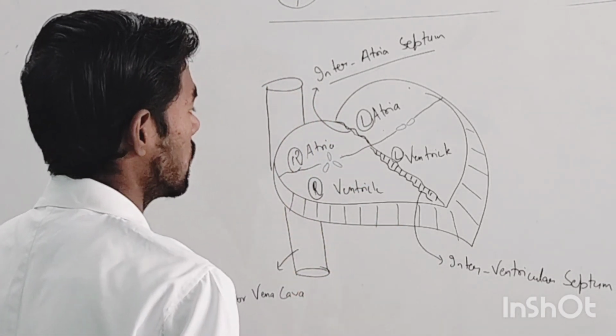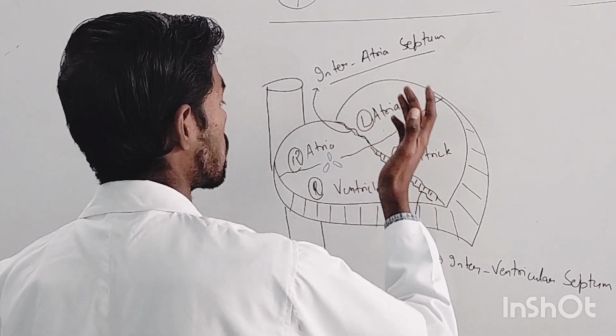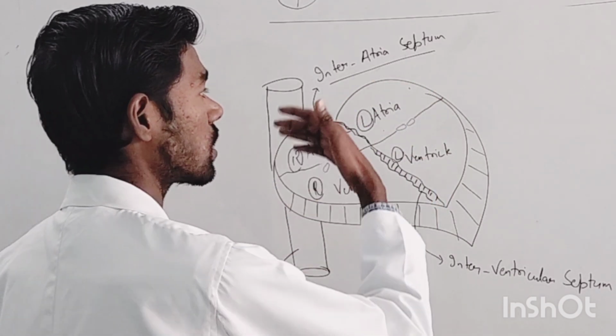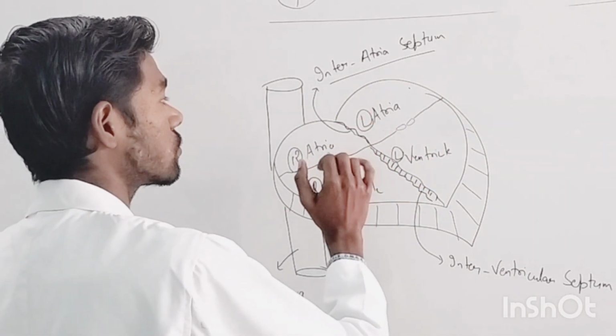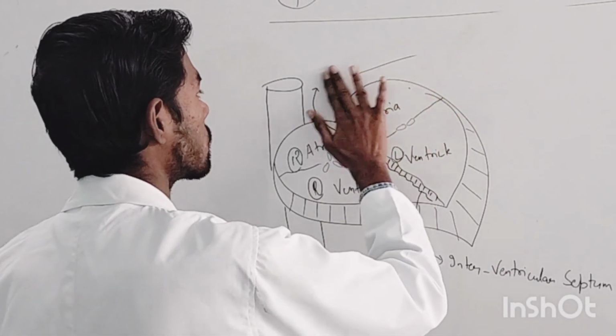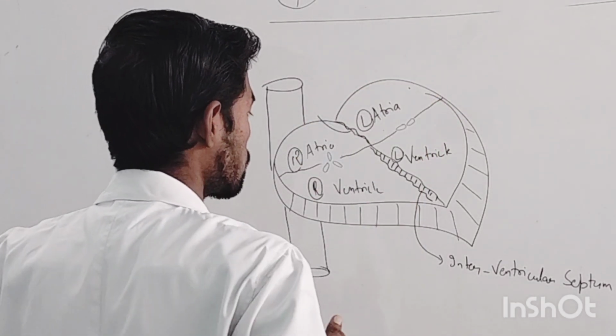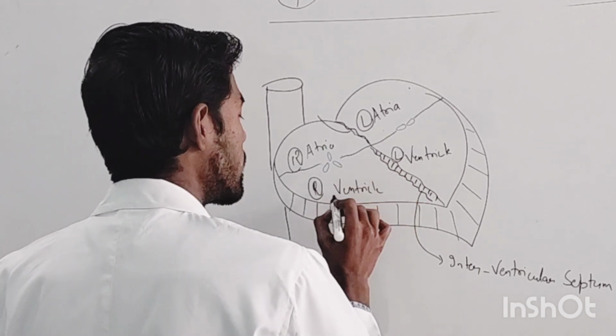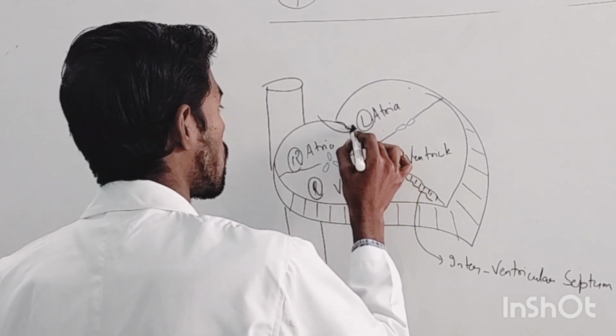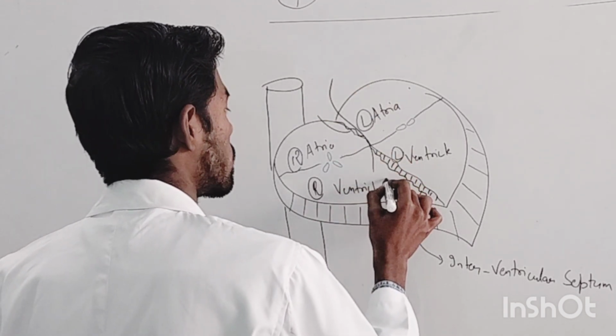What are we missing now? We are missing the aorta and the pulmonary artery. So how does the aorta go on and how does the pulmonary artery go on? Let's see. But we need to rub this. From the right ventricle, we are going to draw the pulmonary artery.